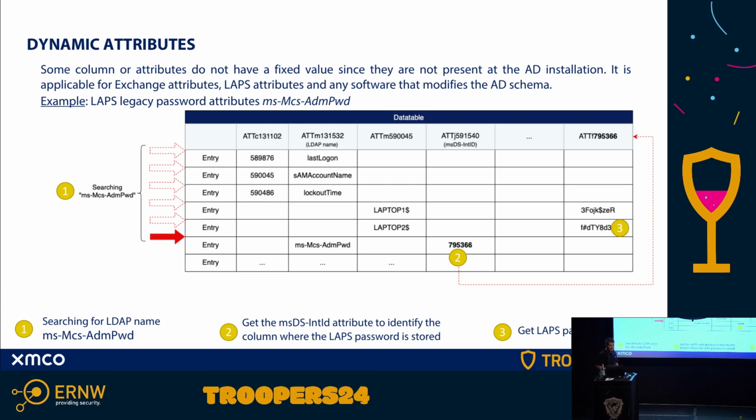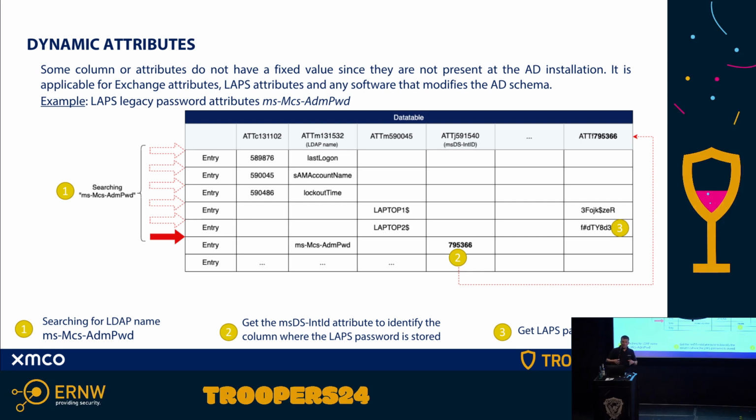And the last kind of attributes are dynamic attributes. We call them dynamic because they are not there at the Active Directory installation. They are added afterwards by third-party software, like LAPS Legacy, for instance.